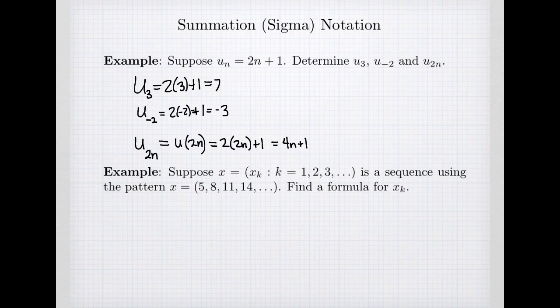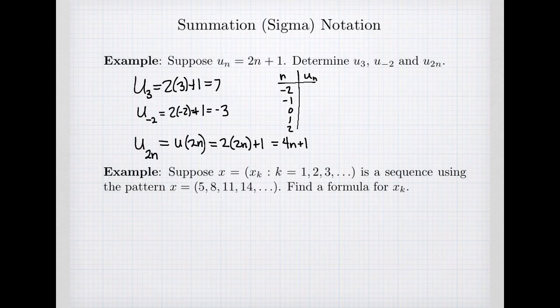Now if I thought about what this sequence was, the idea of a sequence is I have this n value and I have my u sub n. The basic idea is that I'm creating a sequence that counts. So negative 2, negative 1, 0, 1, 2.